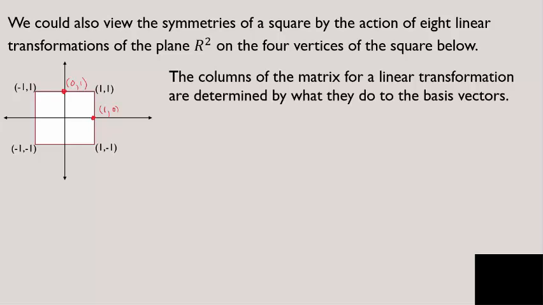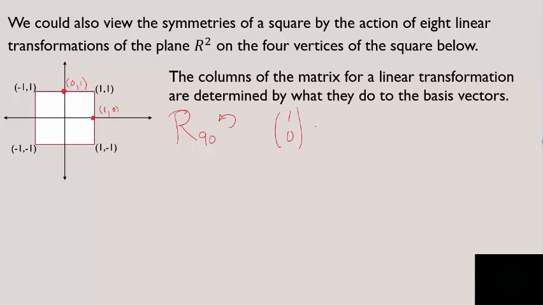So let's determine what a rotation, I'll write R90, a rotation 90 degrees counterclockwise, would be. Let's see what it does to the basis vectors. The basis vector 1, 0, notice I'm writing them as column vectors. That makes no difference.